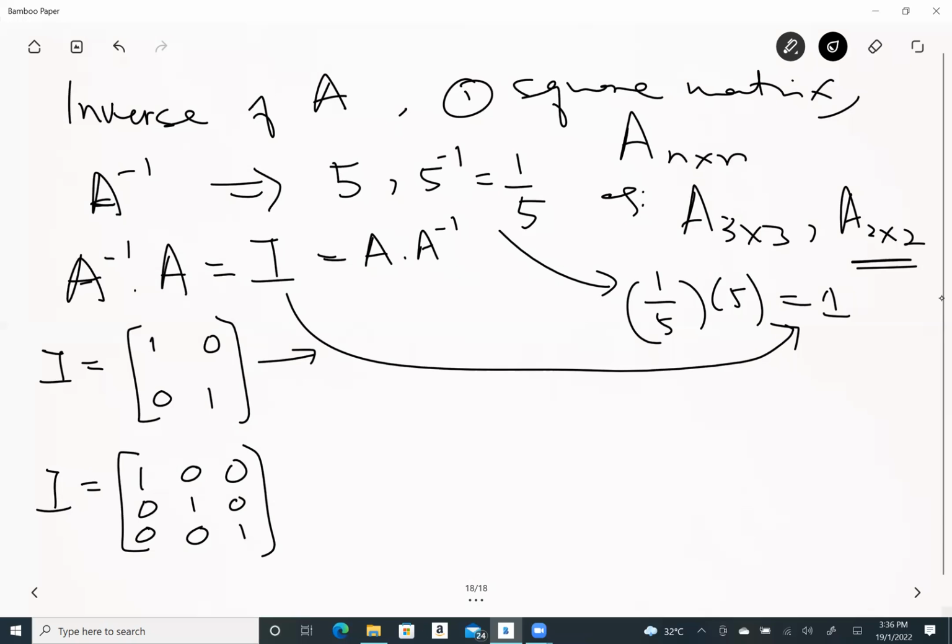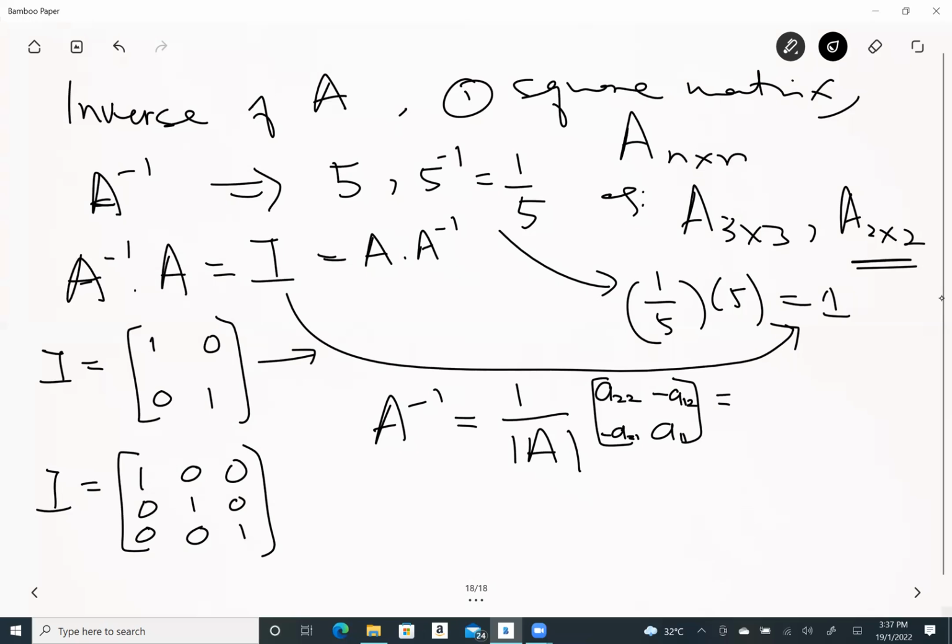So the inverse of a 2 by 2 matrix is equal to what? It is equal to 1 over the determinant of A, multiplied by the matrix where you switch the elements in the principal diagonal, so A22 and A11 switch, and then you put a negative sign on the other elements.